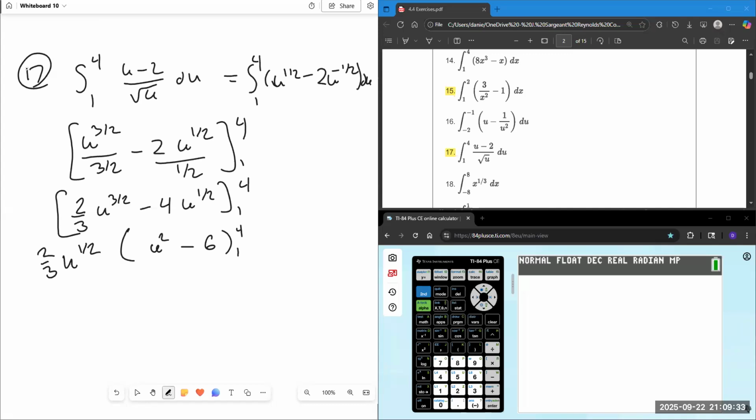All right, so this should be 2/3, then square root of 4 is 2. 4 squared is 16, minus 6 is 10, minus 2/3 times 1 times 1 minus 6 is -5. So this is 40/3 plus another 10/3. I messed this up. Give me just a second.